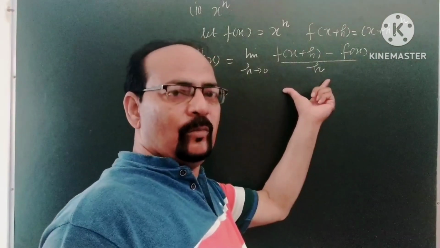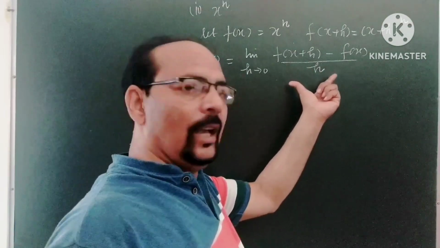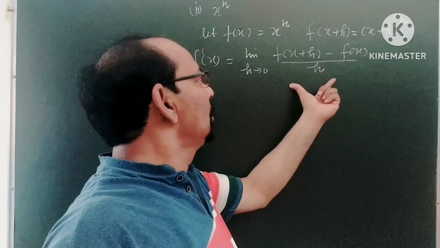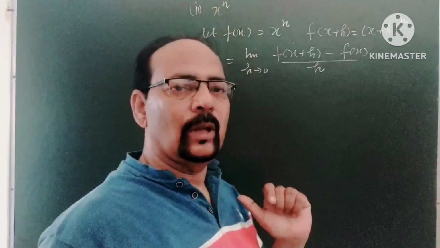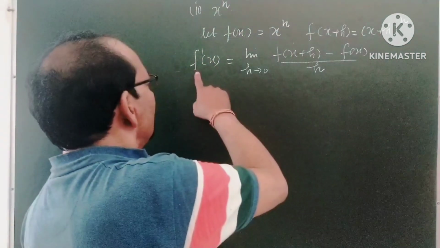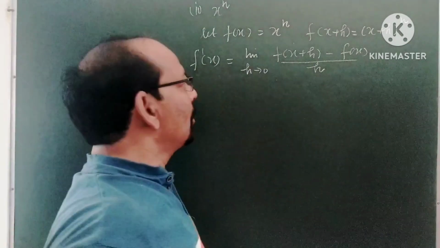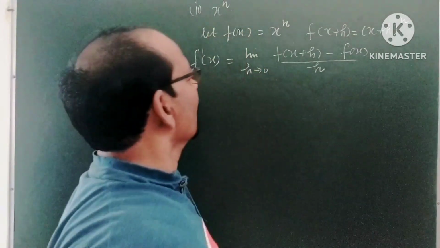This is the first principle formula of derivative, and with the help of this concept we'll find the derivative of x raised to n. And f dash x is the derivative of this function.